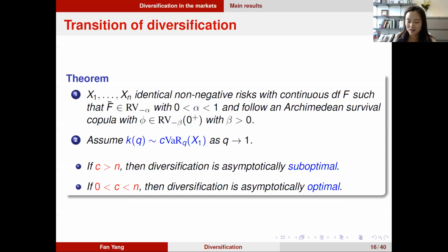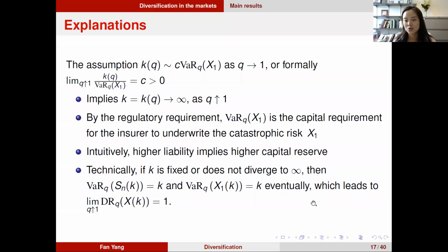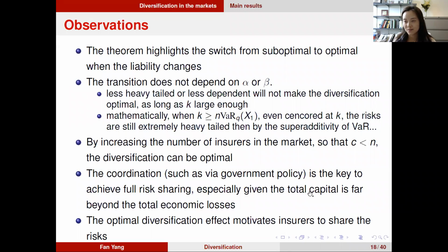That's actually the figure I showed you earlier. By increasing the number of the insured, eventually we can achieve diversification optimality.